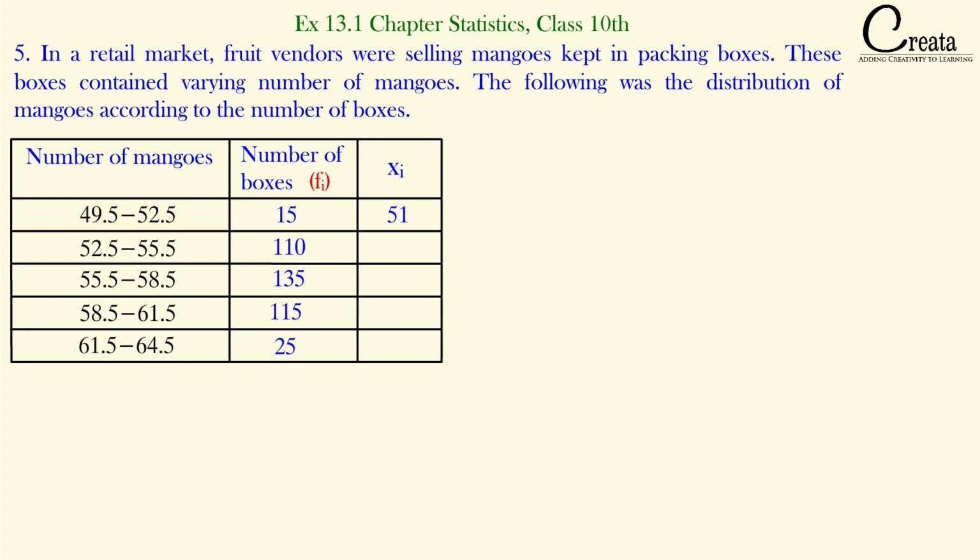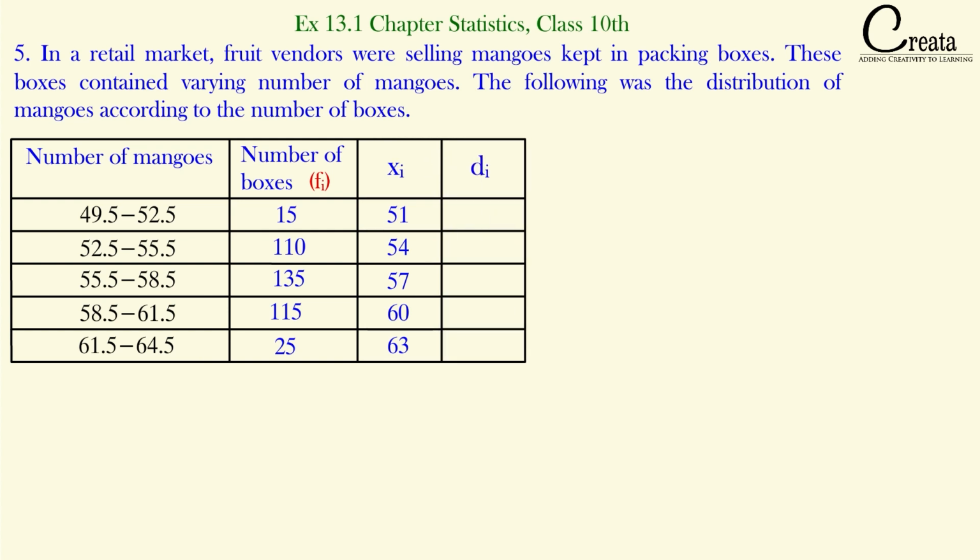Got it? Similarly, the midpoint of the second range is 54, next 57, next 60 and 63. These are all the values of xi, and all these values look slightly big. So we will go to the next method, that is the assumed mean method. What we do in the assumed mean method is find the deviation. But what is the first step? The first step is finding the assumed mean.